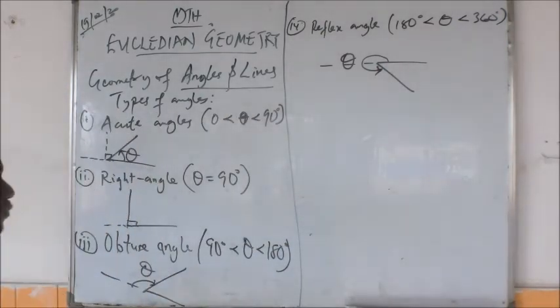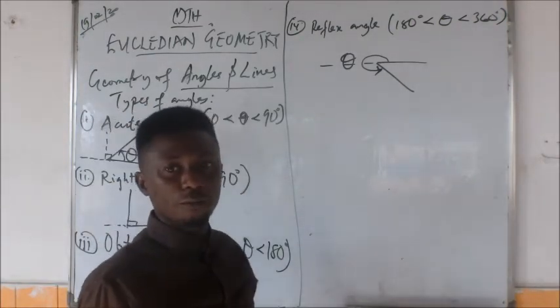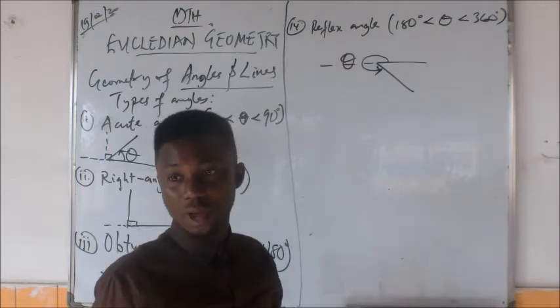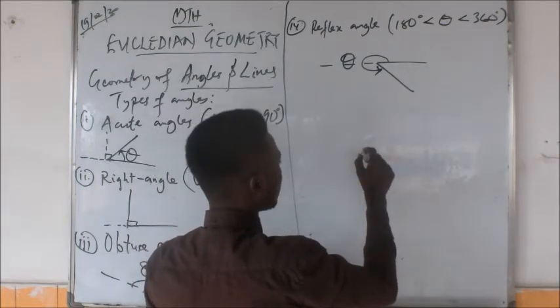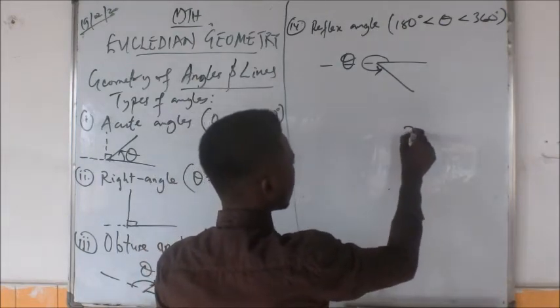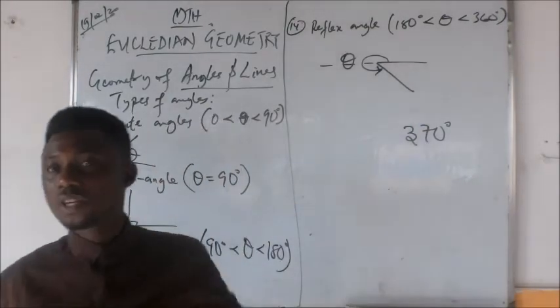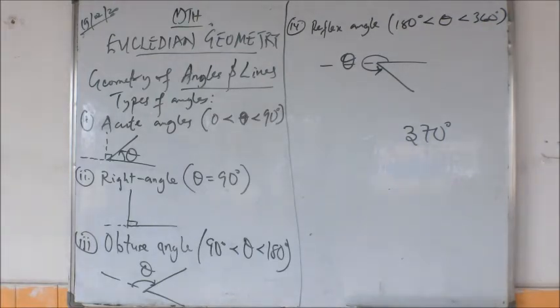Now, someone asks, what is the value of an angle greater than 360 degrees? Then you have a cycle. If you have like 370 degrees, this angle is equal to 10 degrees.